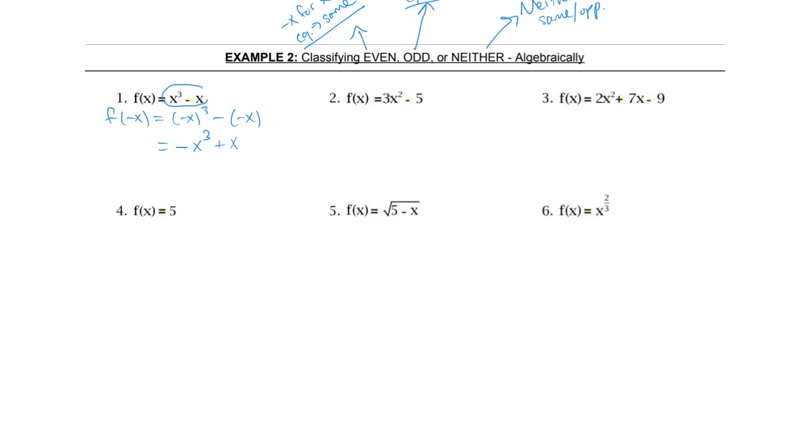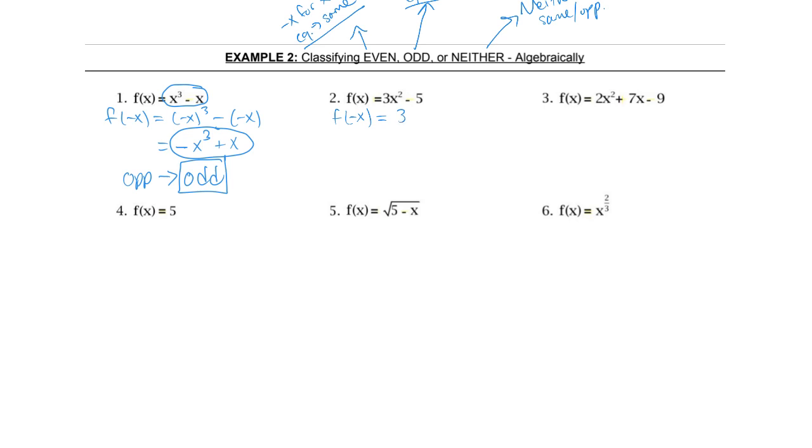If we compare these two, we can see we have the opposite of both terms, therefore it's an odd function. X cubed is now the opposite of itself, and x is the opposite of itself as well. So the whole equation became opposite, so it's odd.